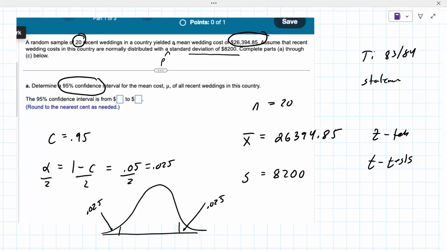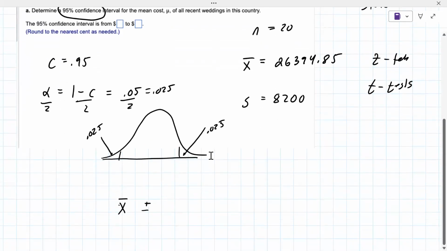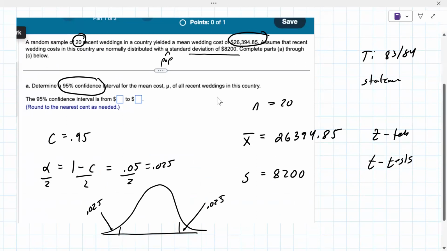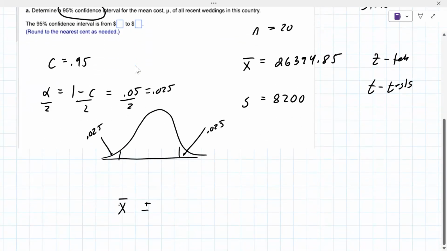It doesn't say population standard deviation on this one, which is how you know it's a z-test versus a t-test. So this one looks like a t-test, and that's why I'm asking for more information, because I'm just coming into this blind here. So we'll just try it with the z-test, and if it doesn't like the answer, we'll go to the t.